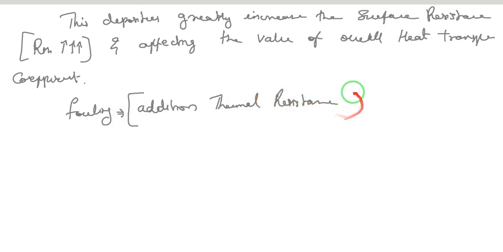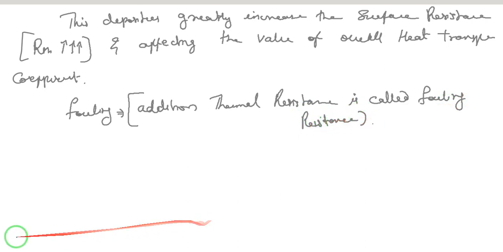That additional thermal resistance is called fouling resistance. So we are going to derive fouling resistance and calculate the overall heat transfer coefficient.